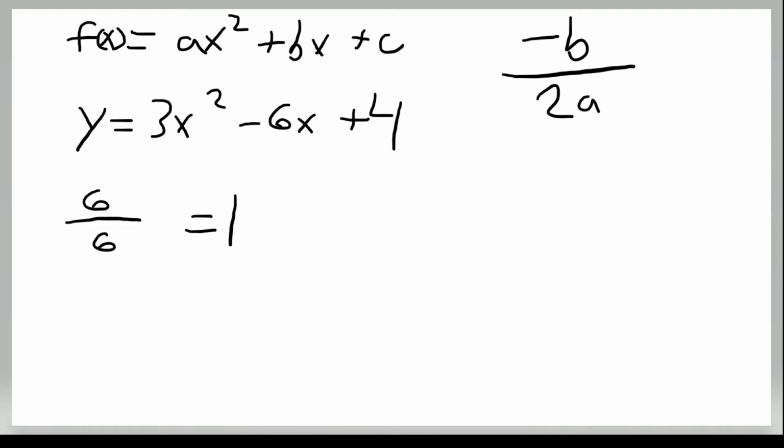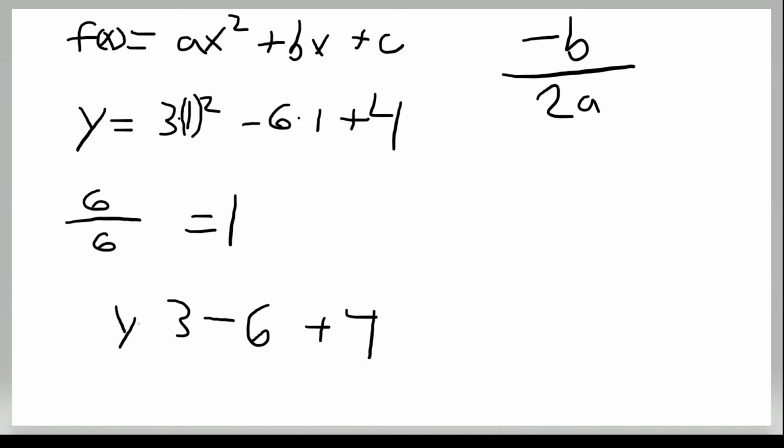So we can just replug it in. 3 times 1 squared, and 6 times 1. When you plug in 1 for both, it's going to look like that. It's 1 in parentheses, so 1 squared equals 1. That makes it 3 minus 6, because 6 times 1 is still 6, plus 4.